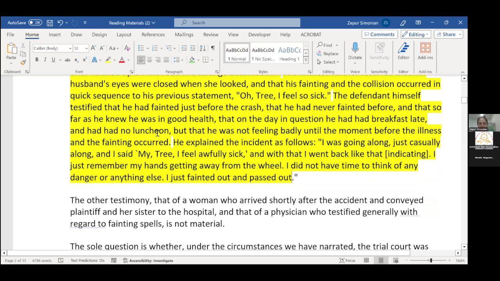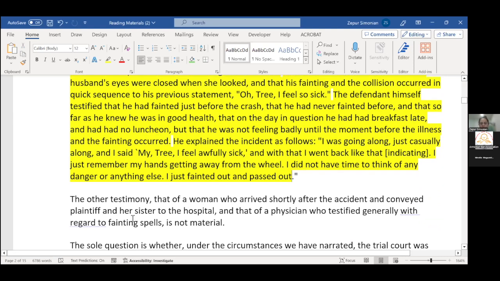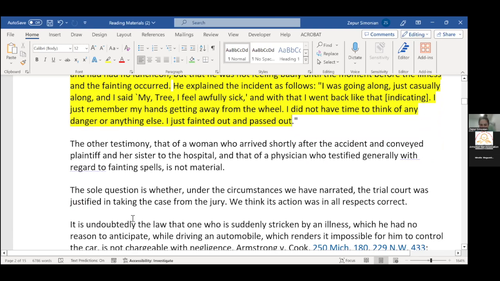The other testimony, that of a woman who arrived shortly after the accident and conveyed plaintiff and her sister to the hospital, and that of a physician who testified generally with regard to fainting spells, is not material. So the sole question is whether, under the circumstances, the trial court was justified in taking the case from the jury. We think its action was, in all respects, correct.